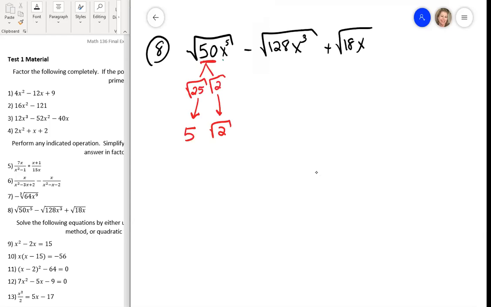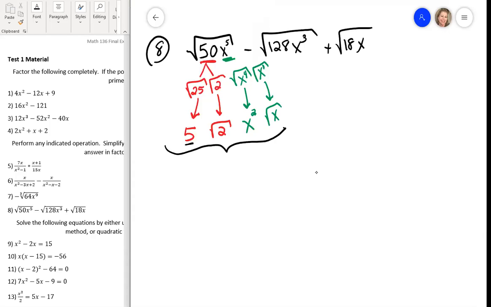And then on the x to the 5th, I broke that down to be the square root of x to the 4th times the square root of x to the 1st, because the square root of x to the 4th is an x squared. I cannot take the square root of x to the 1st, so that just stays like that. But then this whole mess, I have to make it look more algebraically pleasing to the eye.